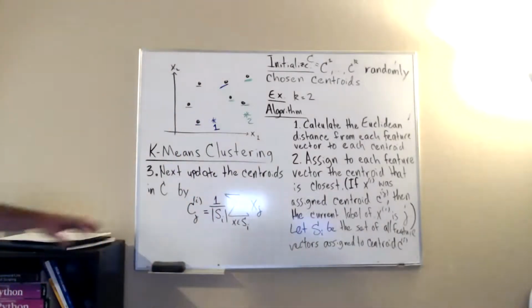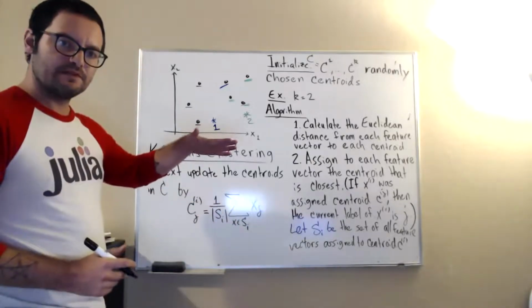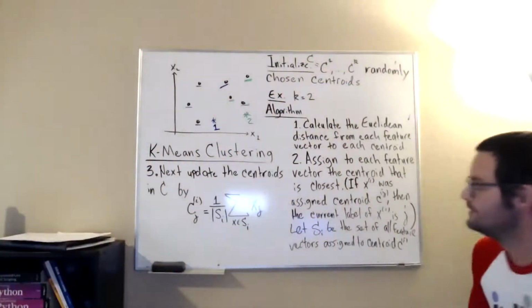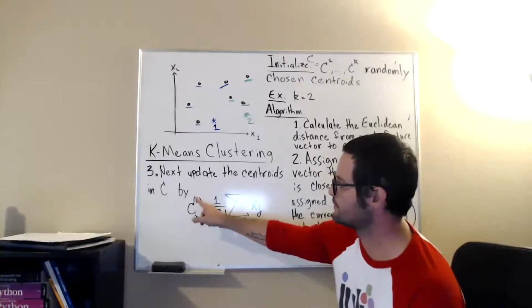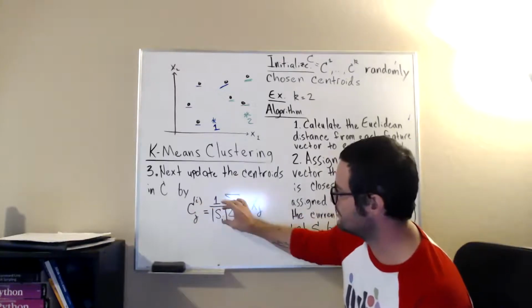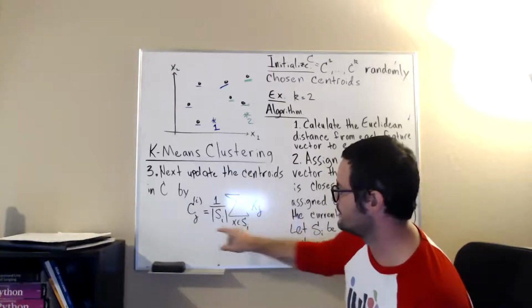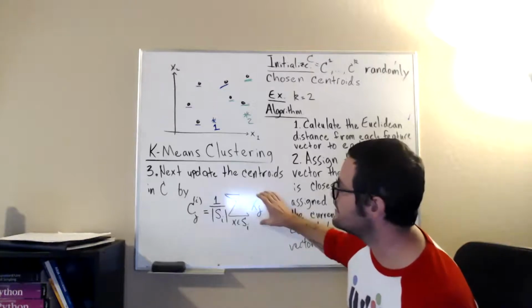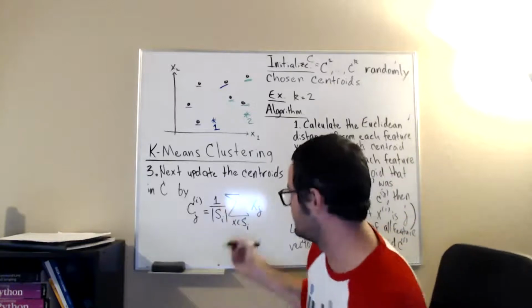So what this is doing is it's calculating the mean entries, right? So Si are all the points corresponding to centroid Ci. So 1 over the number of those points times the sum of the entries of the jth component. So we're just taking the mean of each of the entries in that cluster. So maybe I should just write that down.